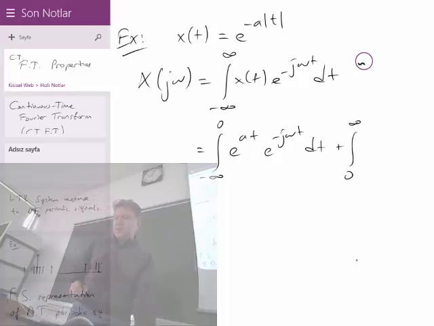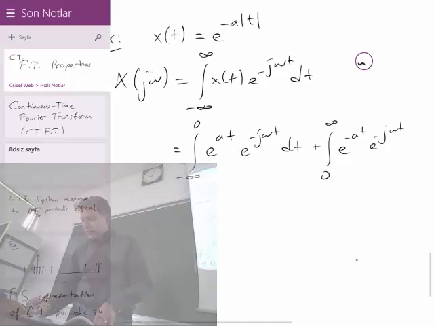Here, for positive t, the absolute value will be itself. Therefore, e to the minus at will come into the picture, e to the minus j omega t dt.